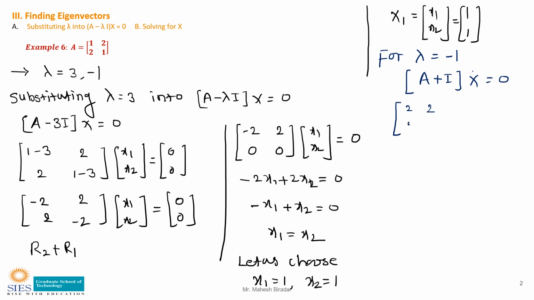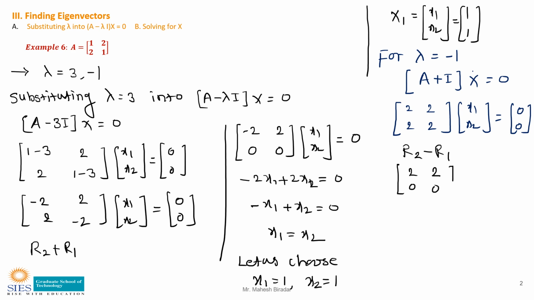So 2, 2, 2 and 2. Then x1, x2 is equal to 0, 0. Now here again, if you apply the row transformation, we have only one non-zero row, which is 2, 2.